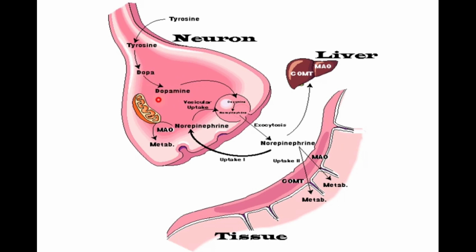L-DOPA is then converted to dopamine by DOPA decarboxylase in the cytosol. Dopamine is then actively transported into the vesicle. Within the vesicle, dopamine is converted to noradrenaline by the enzyme dopamine beta hydroxylase.